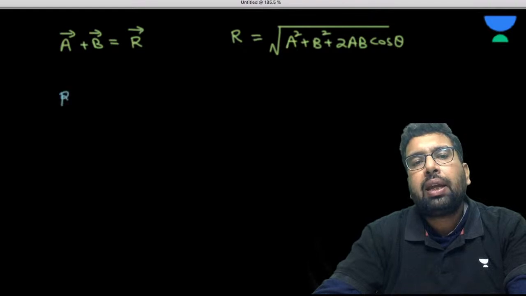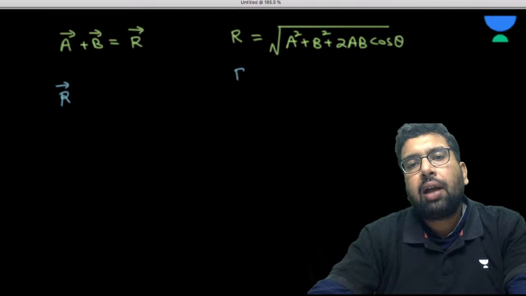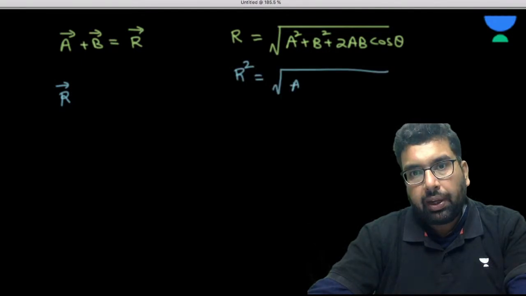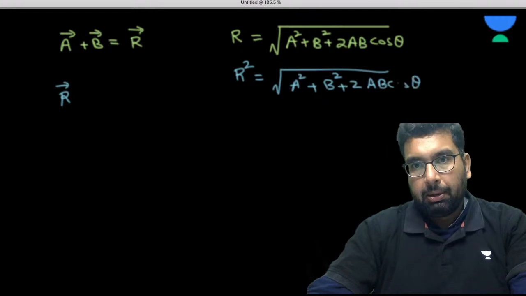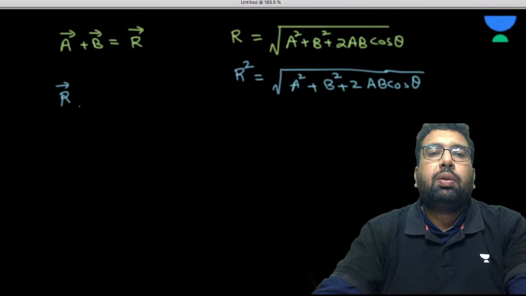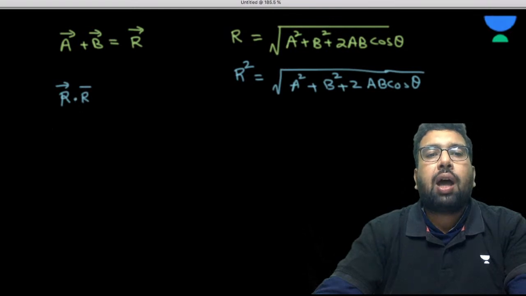So I need R. I can write it like this: R is equal to root over A square plus B square plus 2AB cos theta, right? So can I write it like this? R dot R, obviously this is R square.